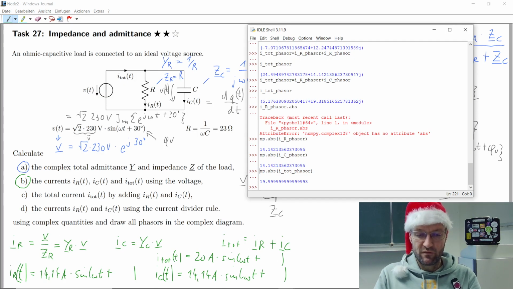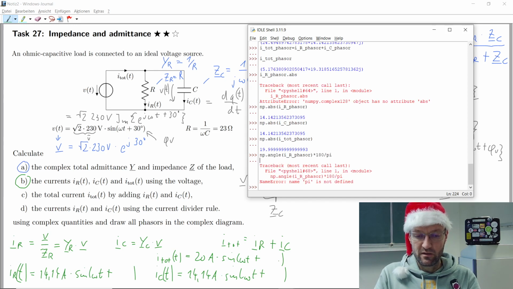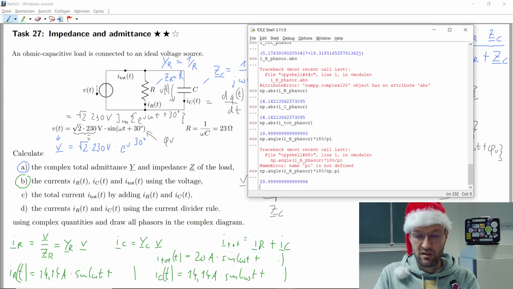Yeah, and how do I get phase? This was this command that was called angle, and this will calculate all stuff in radians, so I need to multiply with 180, divide by pi, and then the pi is once again not defined, np.pi.